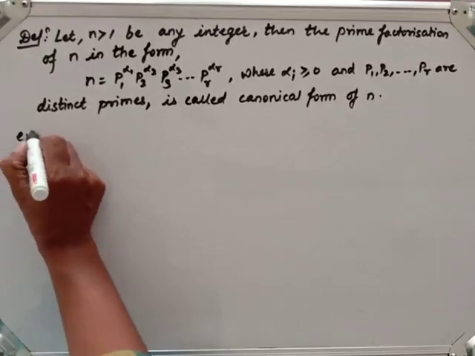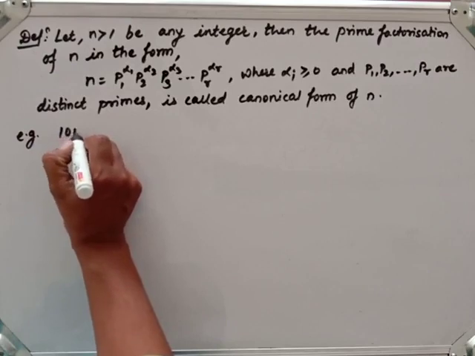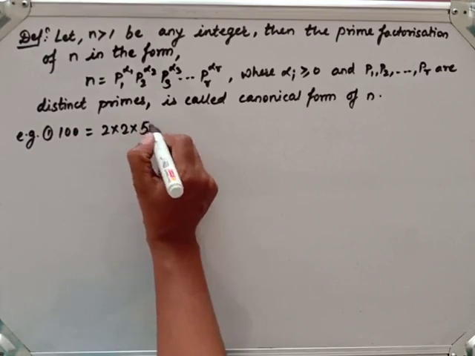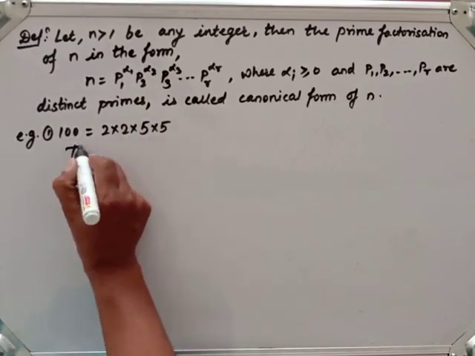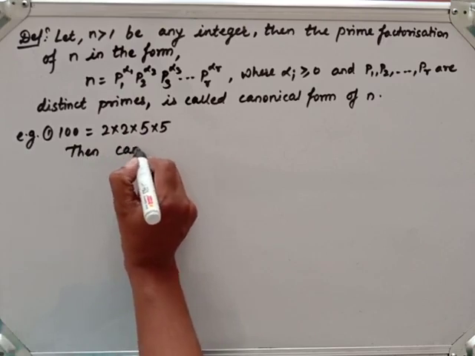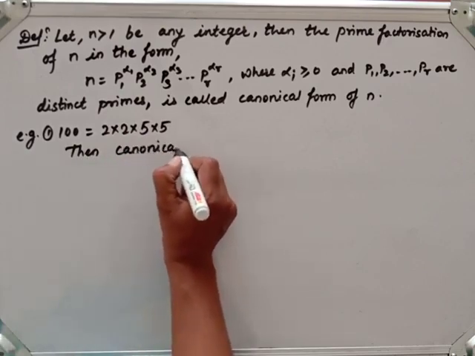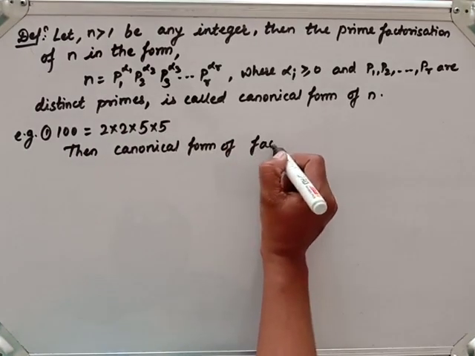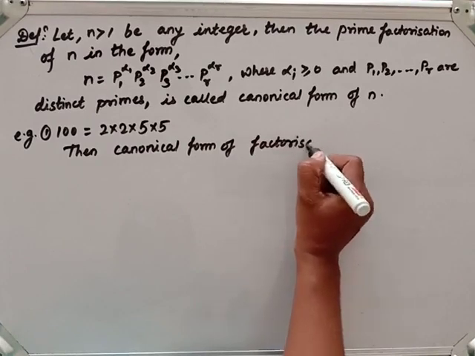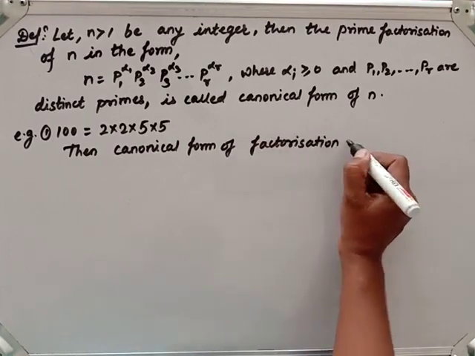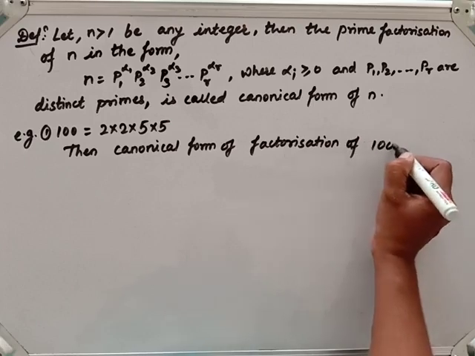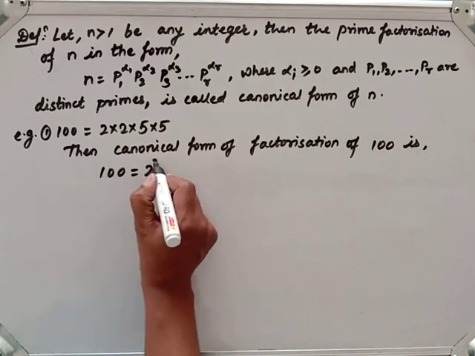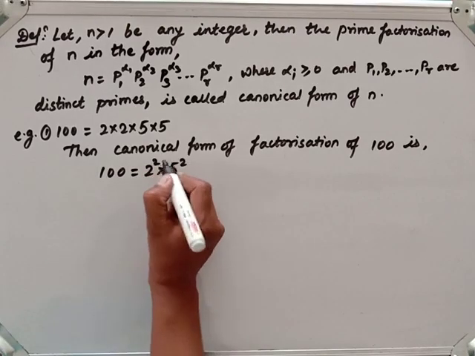Now for example, we can write 100. Suppose the first example, 100 is equal to 2 into 2 into 5 into 5. Then the canonical form factorization of 100 is 100 equal to 2 square into 5 square.